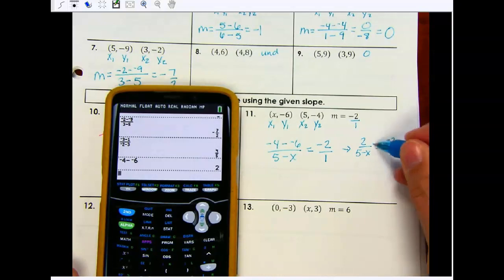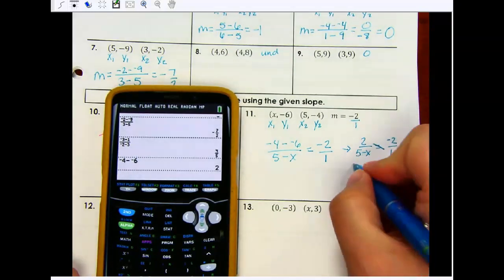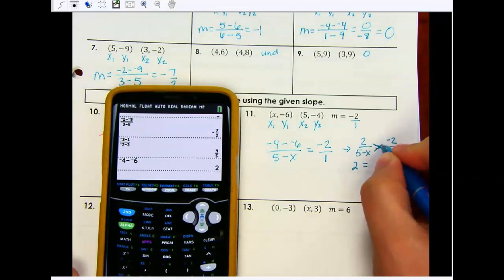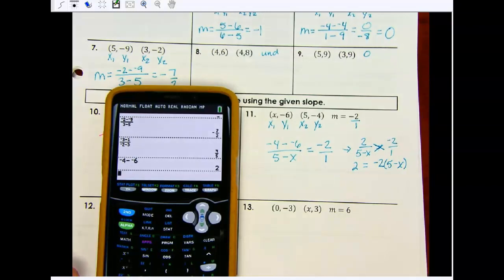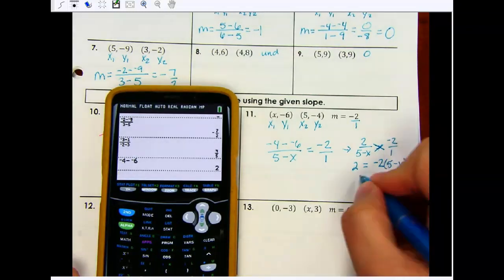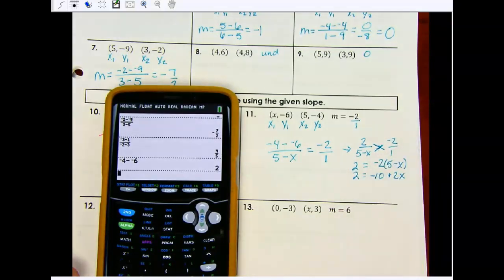Well, when we cross multiply right here, we're going to get 2. And then when we cross multiply here, we have negative 2 times 5 minus x, which we will have to distribute. So I'm going to have negative 10 plus 2x.